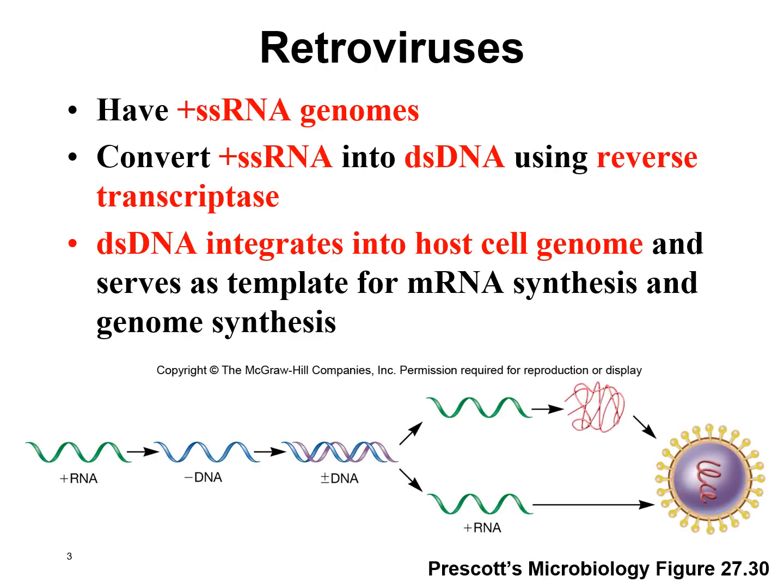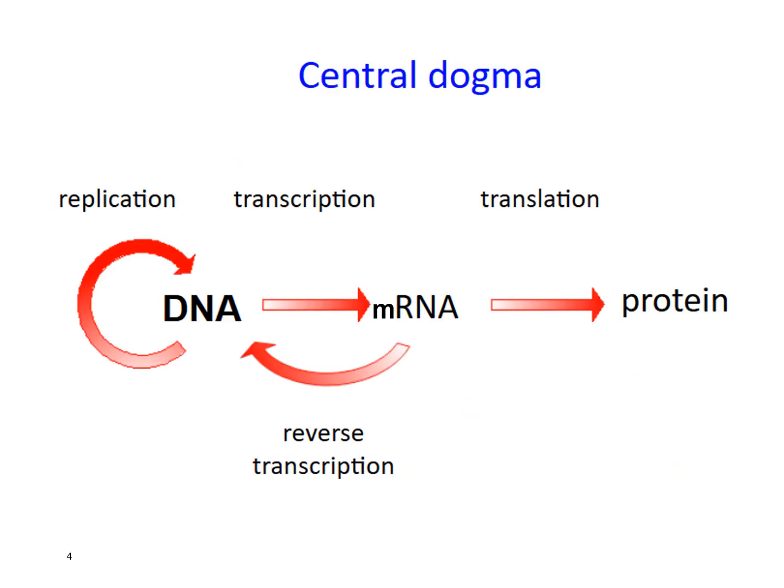Retroviruses are very unique in that they can do reverse transcription. They have an enzyme called reverse transcriptase that will do transcription in the reverse direction. If you remember the central dogma, going from DNA, transcribing it, making our messenger RNA, and then translating the messenger RNA to make our protein, that's what all cells do.